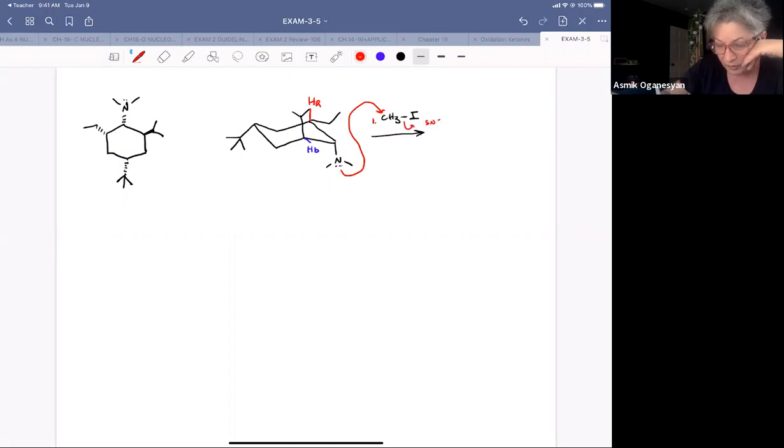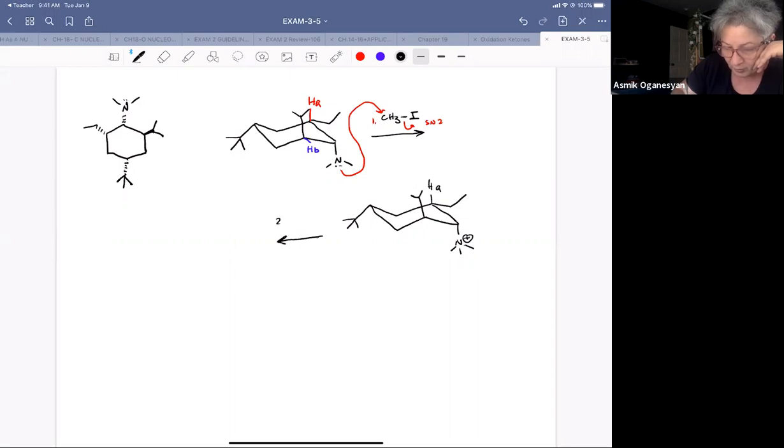Quick SN2 reaction. Step 2, hydroxy group will pick up the proton.